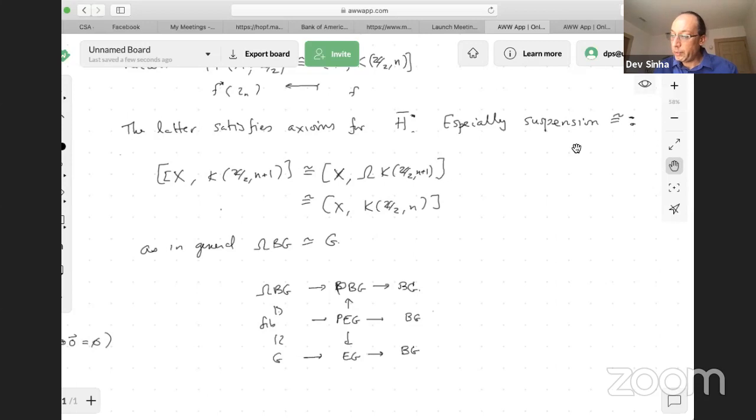By the way, let me make a remark. If M is a monoid, then BM exists, and loops BM is defined as the group completion in algebraic topology and homotopy theory.